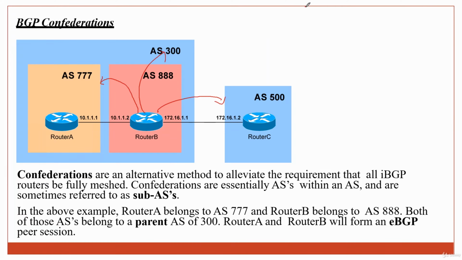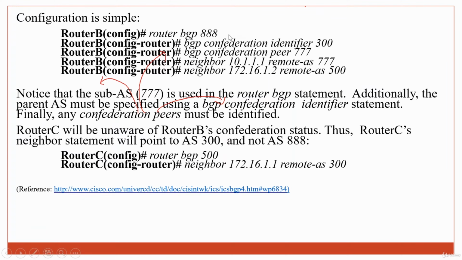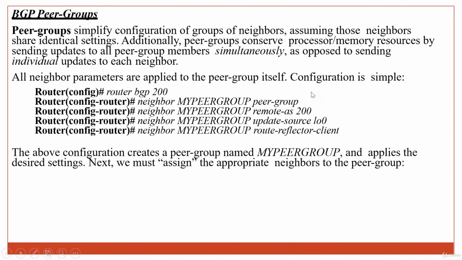Now all these commands have been configured here, and you can understand all these steps. For the outside device, the configuration will be straightforward, as we discussed earlier: neighbor and the remote AS, that's it.